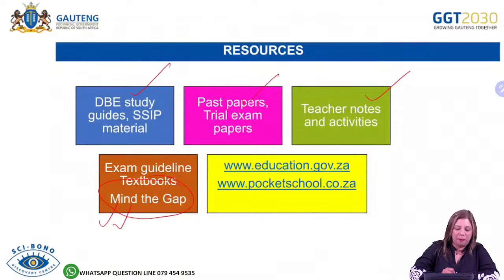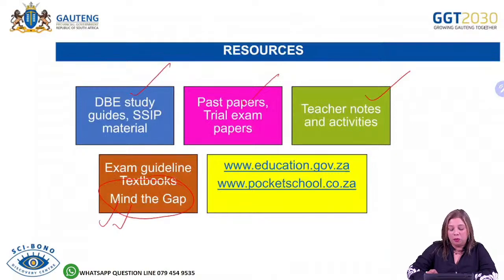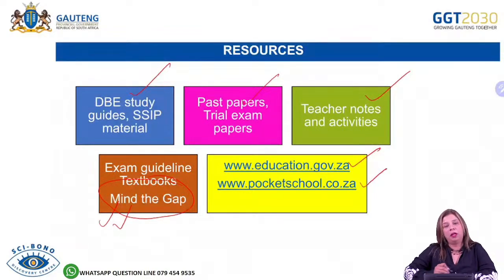We know Mind the Gap is simplified so that it's easy for us to understand, with lots of clear-cut diagrams, lots of labels, and it's easier for us to take the information in. And then you've got the department's own website, www.education.gov.za, and the Pocket School website, which you can also go to.